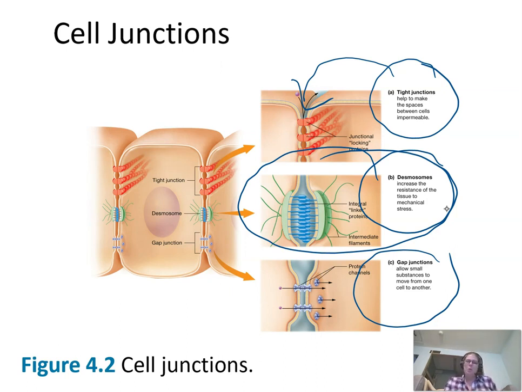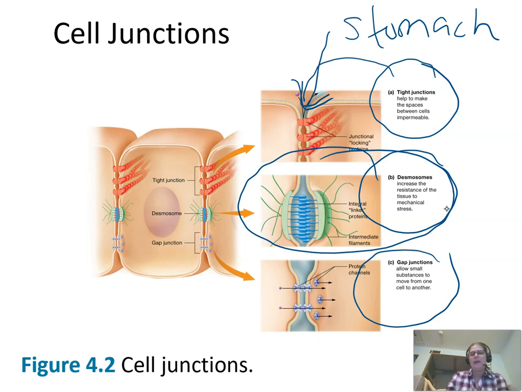Now, as far as why you would have these, tight junctions are not going to let anything through the cell. An example of tight junctions is in the cells that line your stomach. Your stomach lining has very tight junctions because you have hydrochloric acid in there. And you don't want that leaking out, right? You want to keep that in there. So you have tight junctions, it's impermeable.